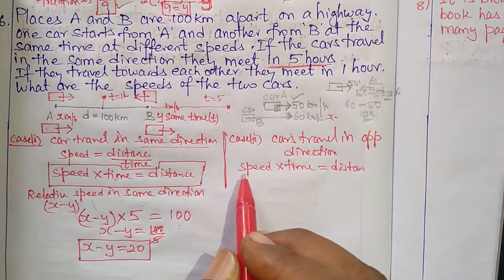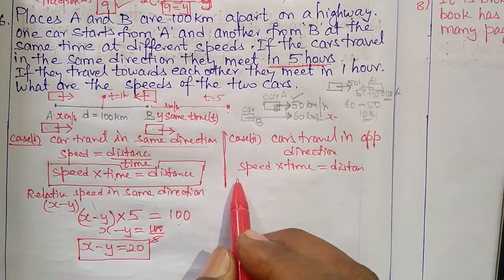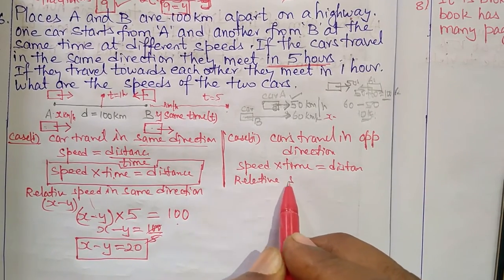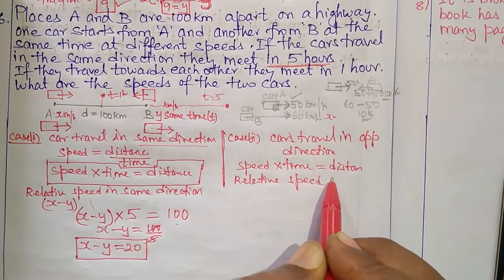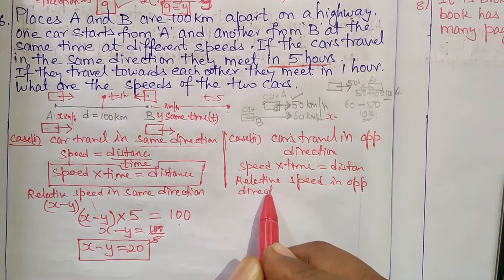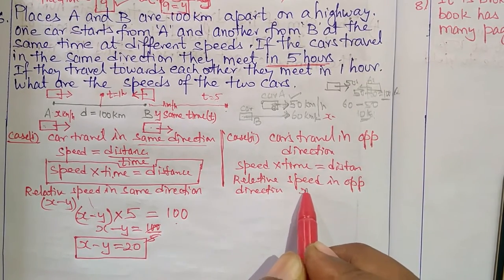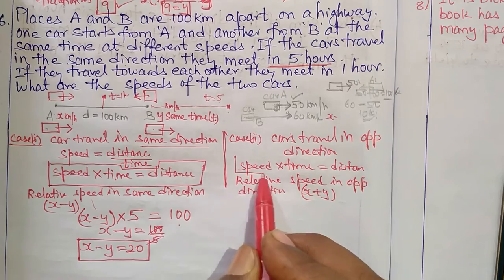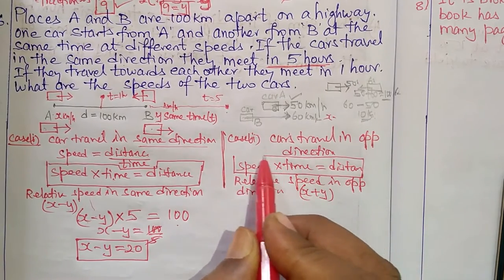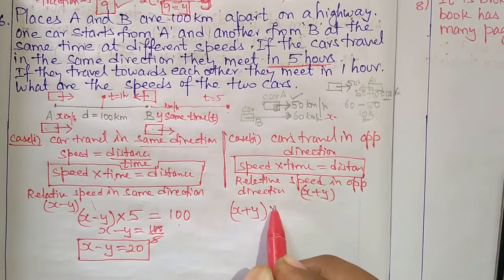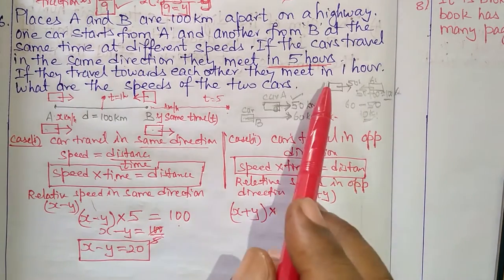Since I am going to take the relative speed, what will be the relative speed in the opposite direction? Relative speed in opposite direction means we have to add. So x plus y. In the place of speed, I write x plus y into the time they take to meet each other.